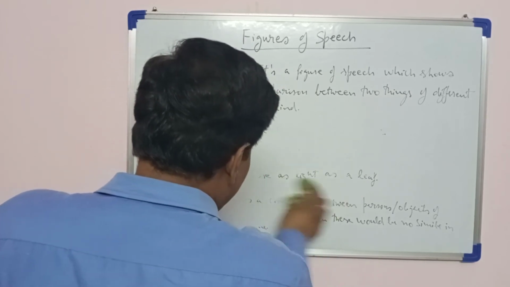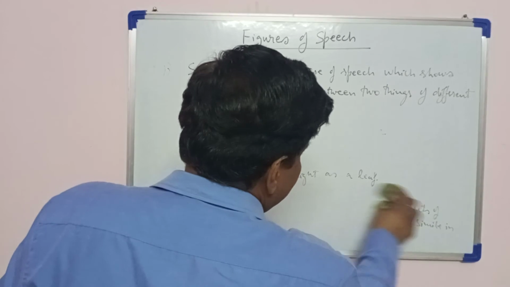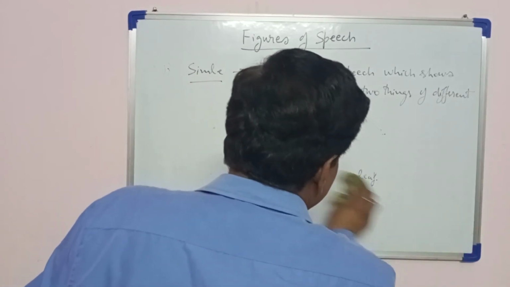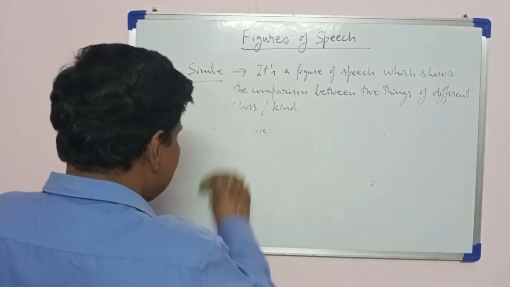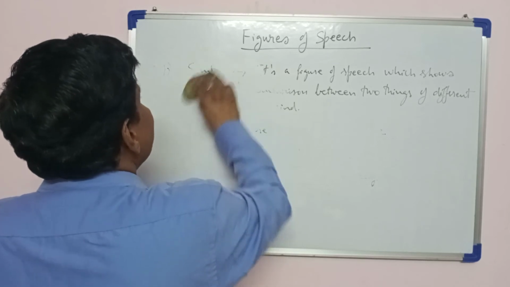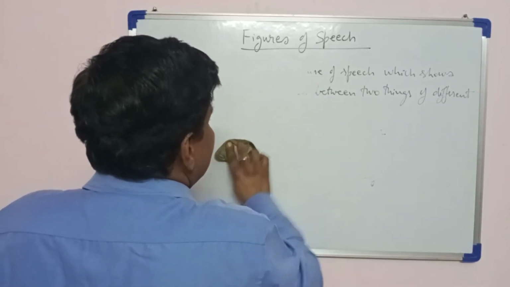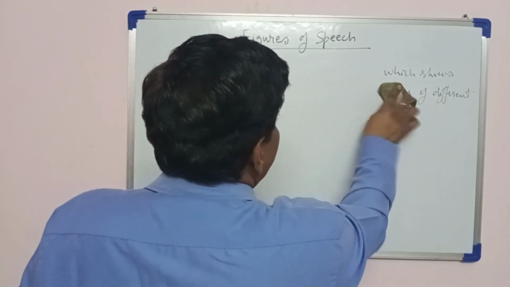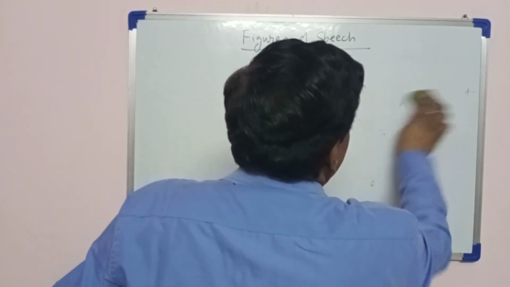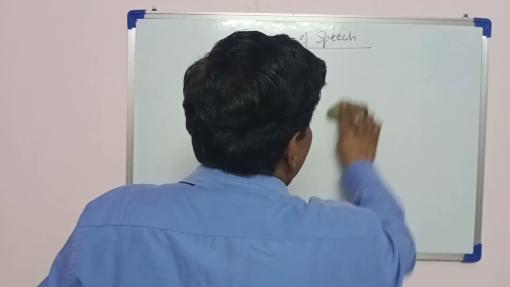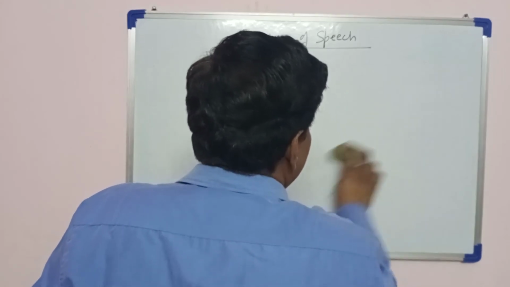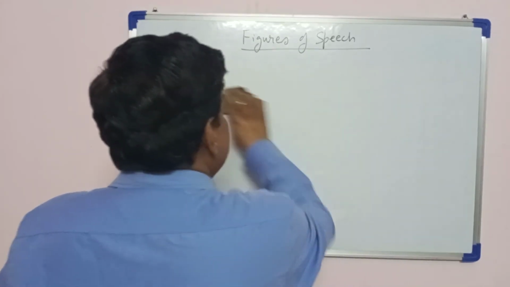Metaphor is actually nothing but an implied simile. Implied means hidden. Here also you will get an idea of simile, but it is a hidden simile. Here things are compared, but in a hidden way, not directly.